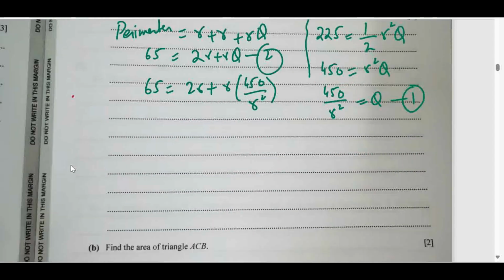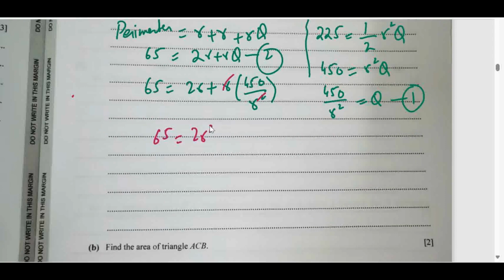Now we can cancel out these two. So this will be 65 is equals to 2r square plus 450 whole divided by r, and then 2r square minus 65r plus 450 is equals to 0. Now from here we can easily find out the values of r.